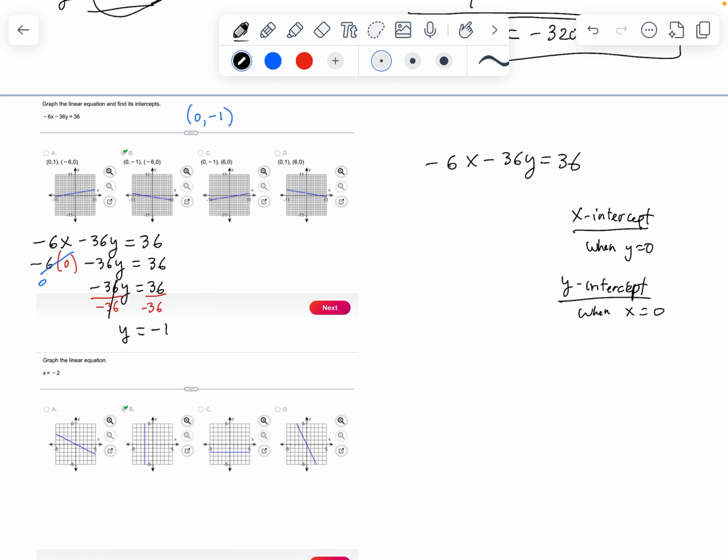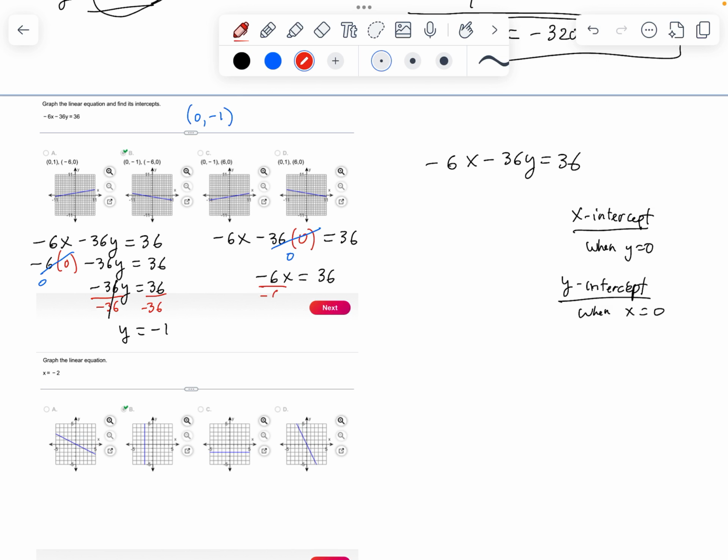Now the second one, we're setting y equals to 0. So we have negative 6x minus 36, and then we set the y value of 0, equals 36, and then this term goes to 0. We have negative 6x equals to 36.